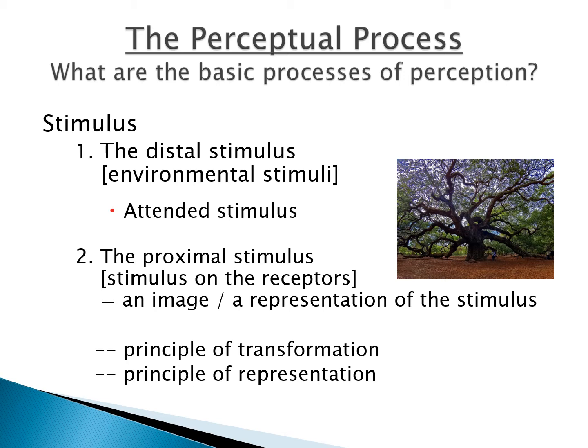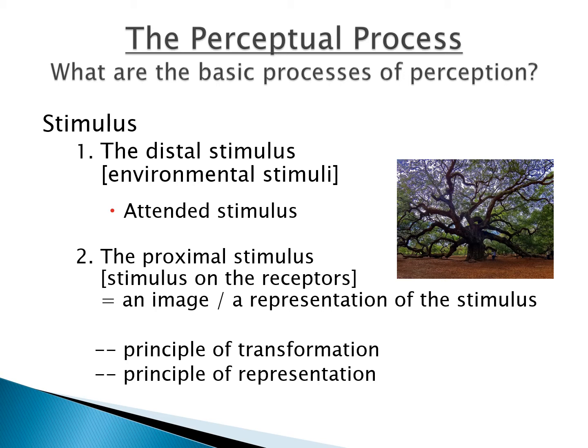And so if you're looking at that angel tree right now, that image is hitting your photoreceptors in your eyes, and it is an inverted, upside down image. It's flipped on the photoreceptors because of the optics of the eyeball itself.